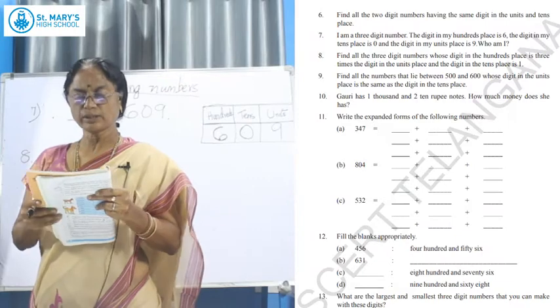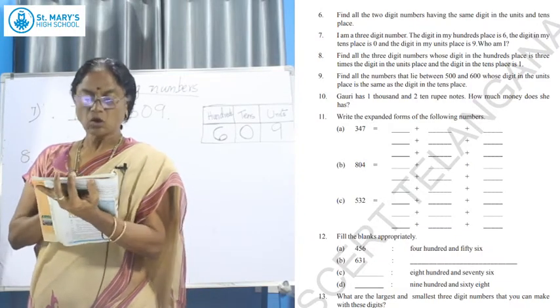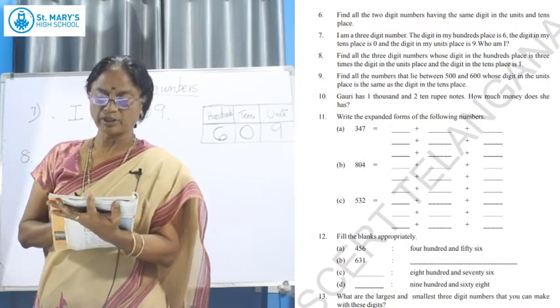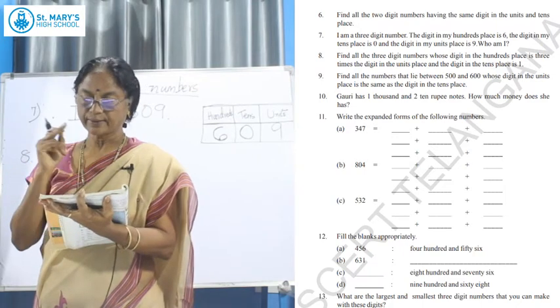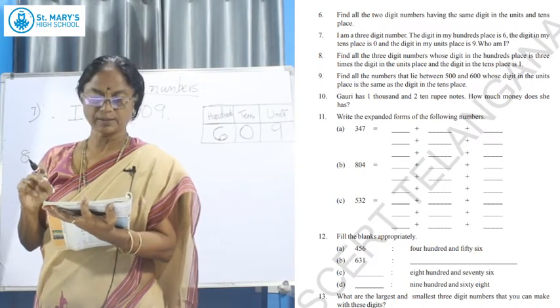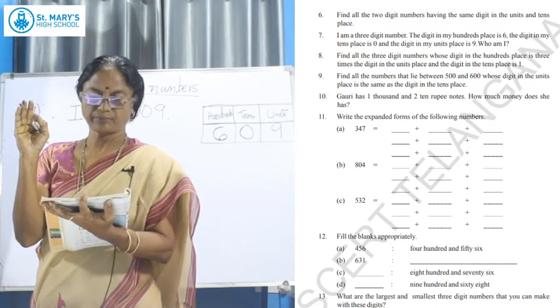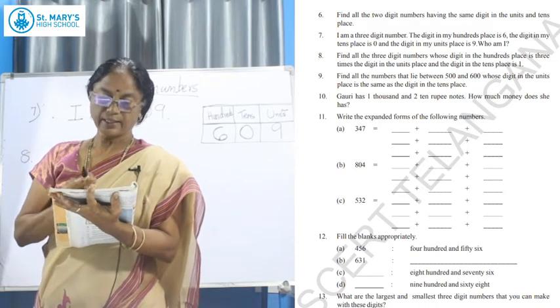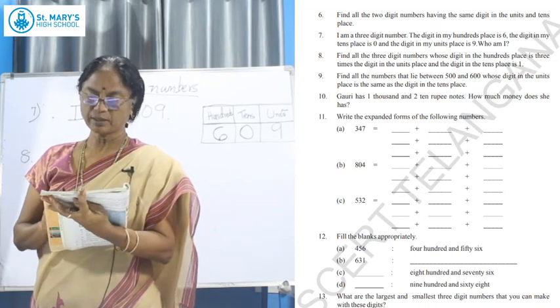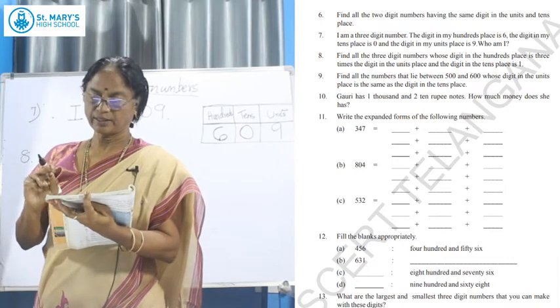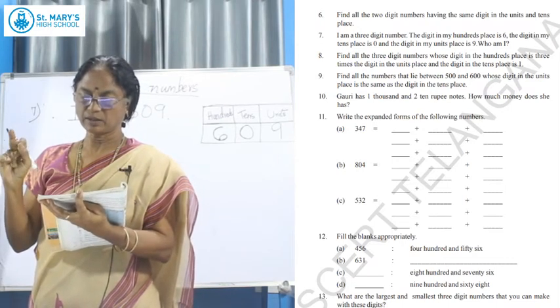See the 8th question. Find all the 3-digit numbers whose digit in the hundreds place is 3 times the digit in the units place and the digit in the tens place is 1.